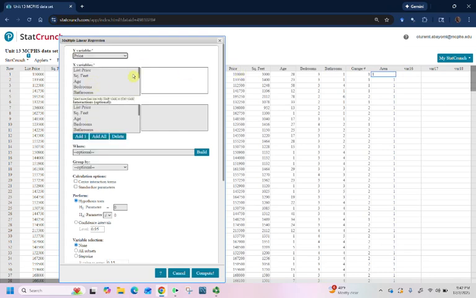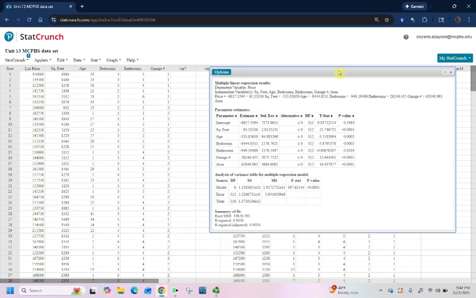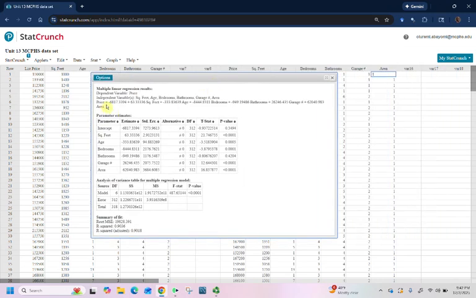And I would like to fit it as a function of square foot, age, bedrooms, bathrooms, garage number, and area. And I can compute that. So I have my fitted regression model here, which also includes the regression slope for area.